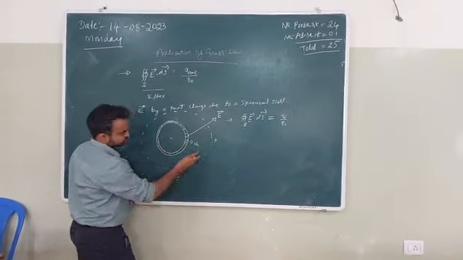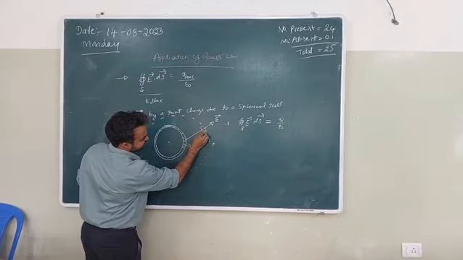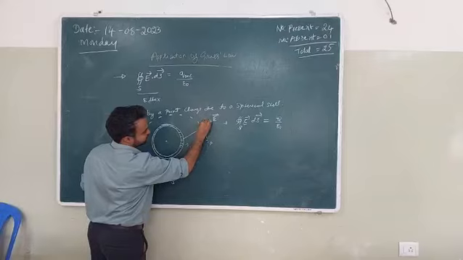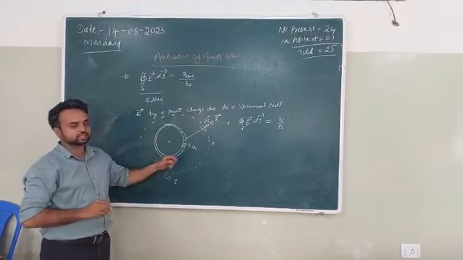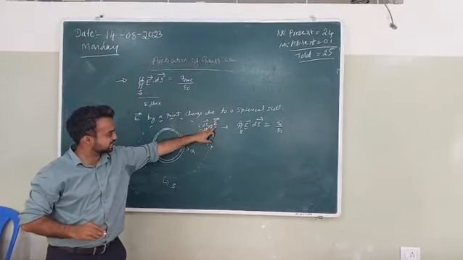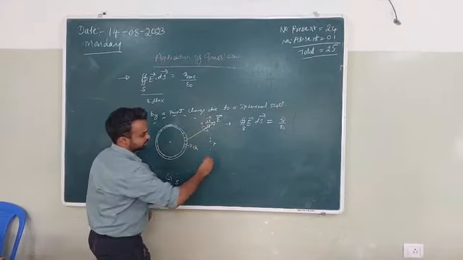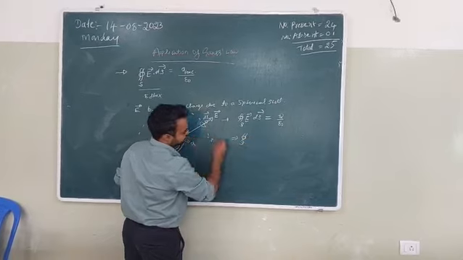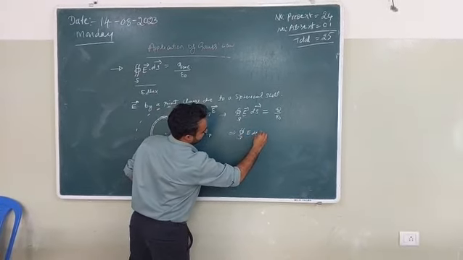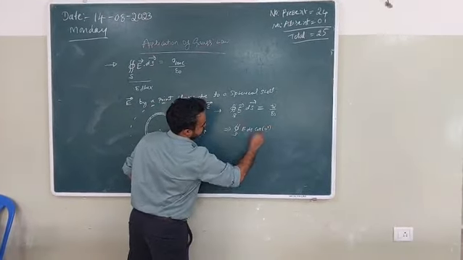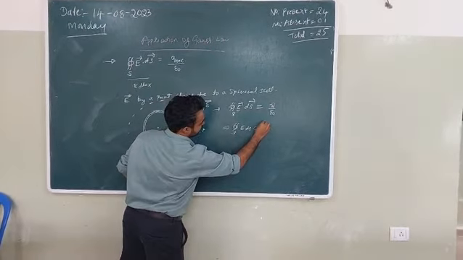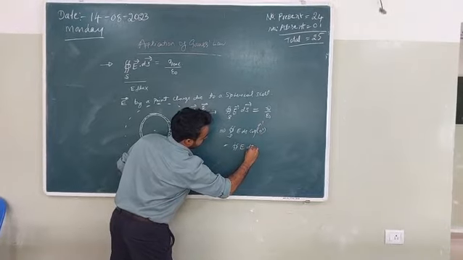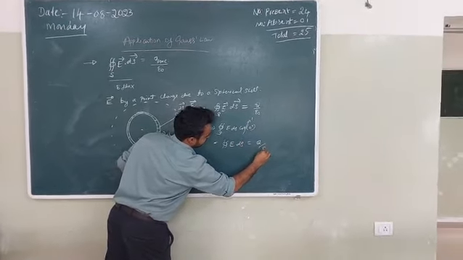For example, if I consider a small area on the surface S, the area vector will also be along this direction. As you can see, the angle between E and ds is 0. So if I perform the dot product, I get the double integral over S of E ds cos 0. And as we know, cos 0 is 1. So I can write E ds equal to Q by epsilon.